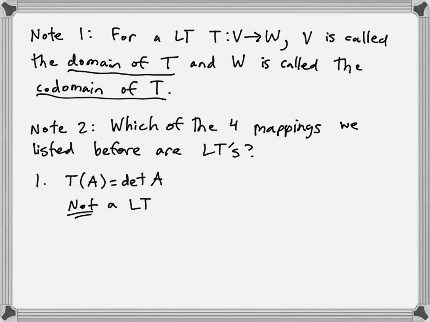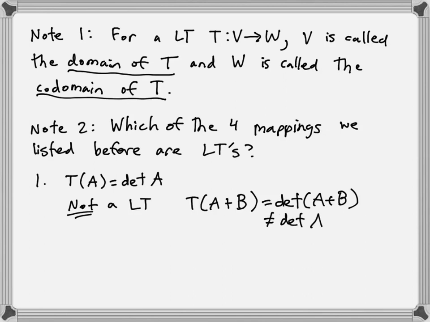Because T of A plus B, in other words, that's the determinant of A plus B. We know that that's not equal to the determinant of A plus the determinant of B. So in general, that is not true.